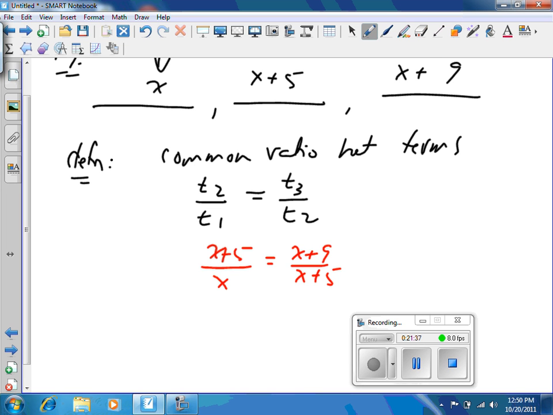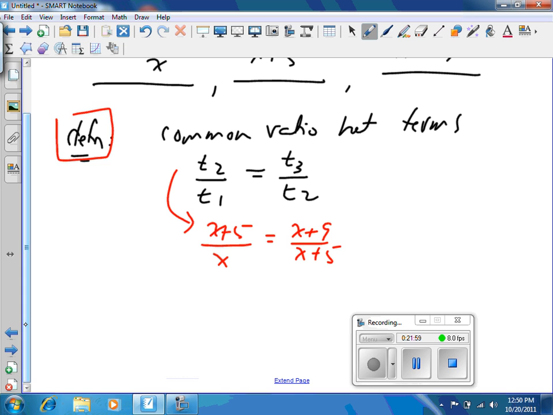So let's just pause for a sec, because we can solve this. This is not going to be a problem for us. The problem here is to get this. And to do that, you had to remember that the definition is a common ratio between terms. That's the key to solving this problem. The rest is trivial.